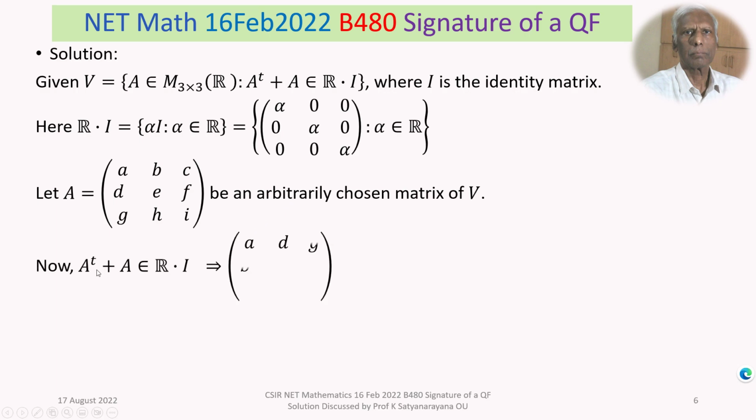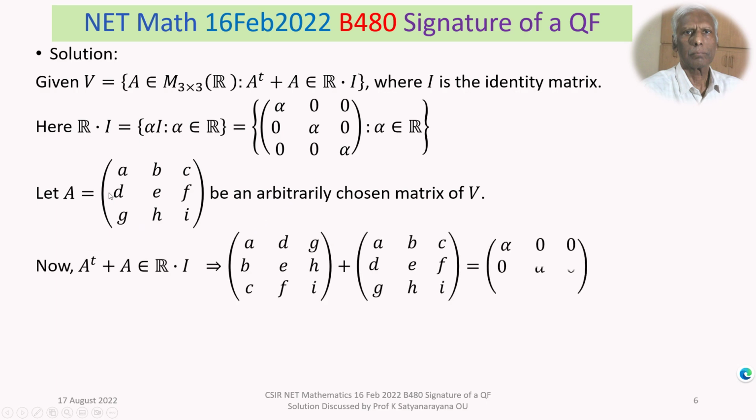Now A transpose is, you take this and write its transpose: a, d, g, b, e, h, c, f, i, plus A, the arbitrarily chosen matrix a, b, c, d, e, f, g, h, i, and that belongs to R dot I, which means it will be a scalar matrix of this type, alpha 0 0, 0 alpha 0, 0 0 alpha, for some alpha.